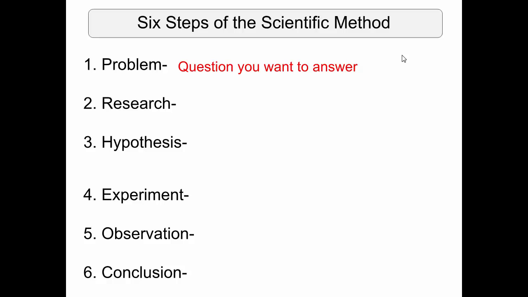Then we move on to the research step. And research is when the scientist is trying to find out some background information about the problem. Okay? So gathering information that's going to help the scientists make and design their experiment.